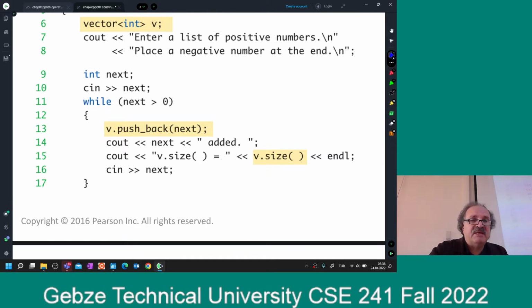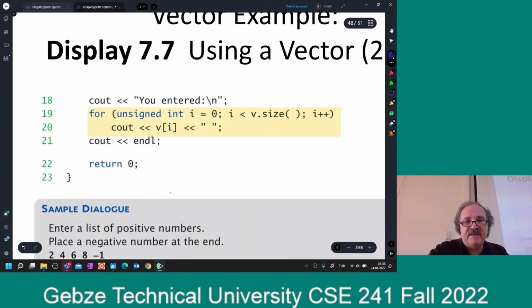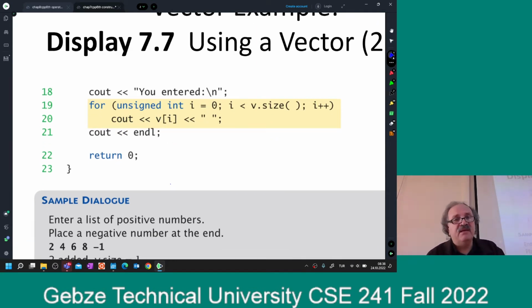Initially, it will say my size is 1, then 2, then 3, and so on. So there are two member functions, size and push_back, and of course this v[i], index i, works like the arrays, and it will give you the index number i element of the vector. So this is a simple example, but vectors are not as simple as this.